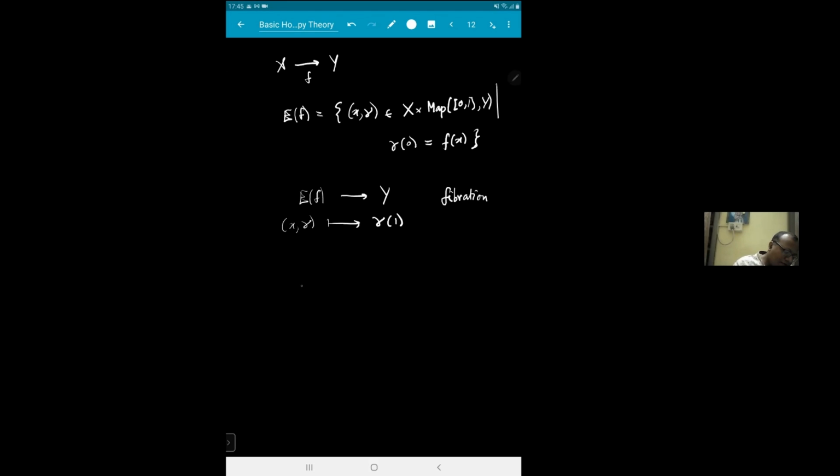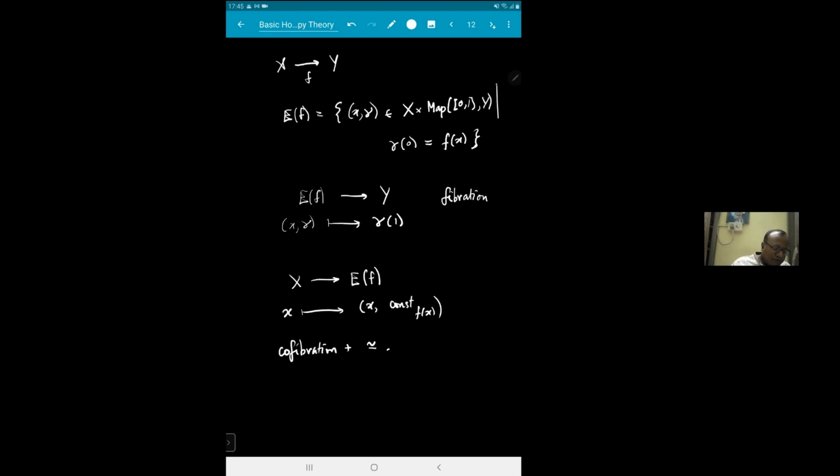And the other one is, I have a map from x to E of f, which takes x and sends it to (x, constant path at f of x). It turns out that this one is a cofibration plus it's a weak equivalence.